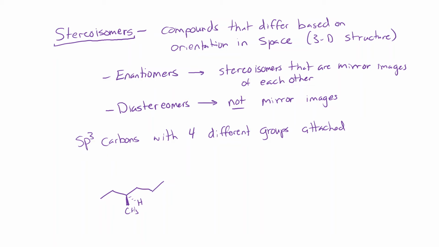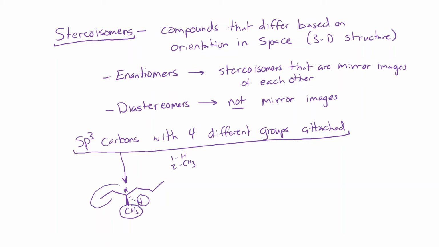Right? This carbon right here, the one that I'm going to mark with a star, is exactly this. It is an sp3 carbon, right? There's no pi bonds here, and it has 4 different groups attached to it, right? So we can list those groups. We have a hydrogen, we have a methyl group. So this is one group. This is group number 2.